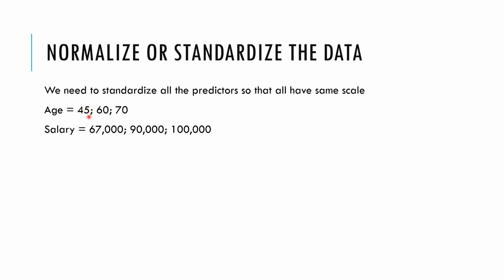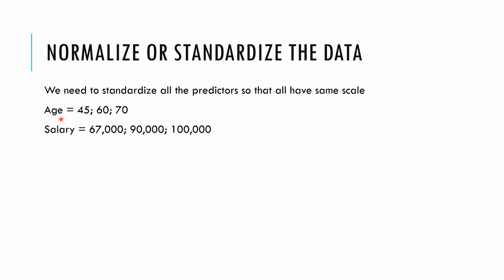Now if you look at these two sets of values, these are in tens, right? And these are in thousands. So if you build a model, the salary variable will dominate the model primarily because of its magnitude. Compared to age, it is much larger, right? So in order to build a proper model, we usually do the standardization, because then we get a good result.